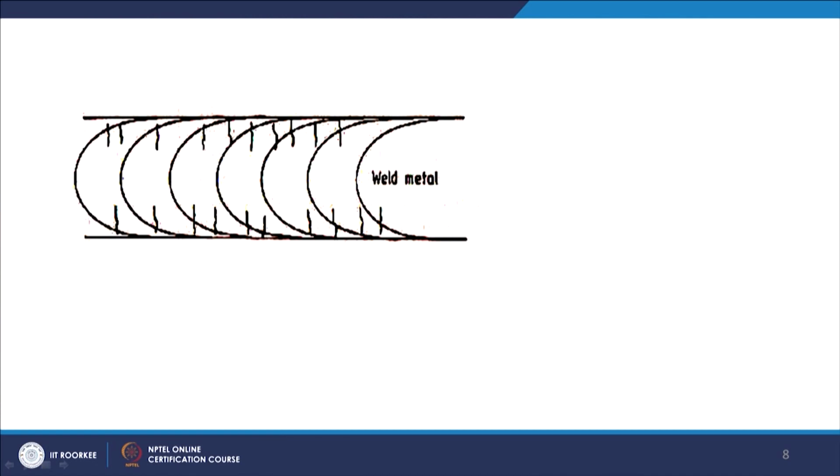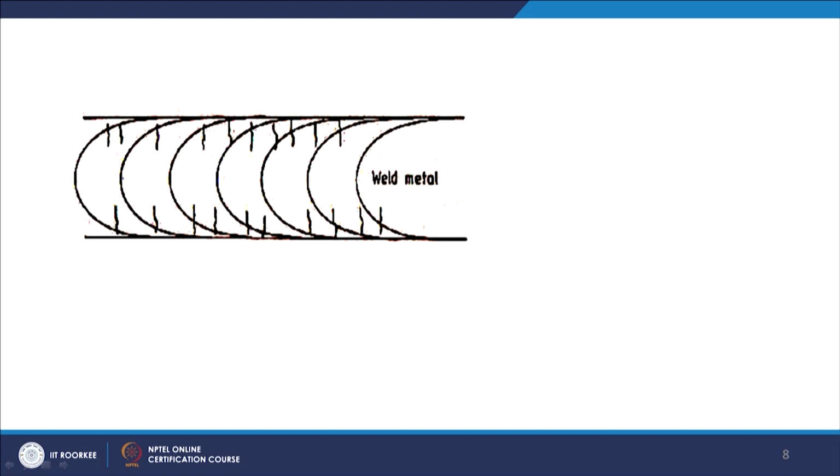These cracks run across the weld, perpendicular to the weld axis. We discussed this yesterday also. This is your weld axis, and these cracks will normally run across it, perpendicular to the weld axis.